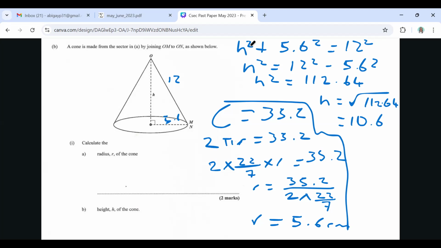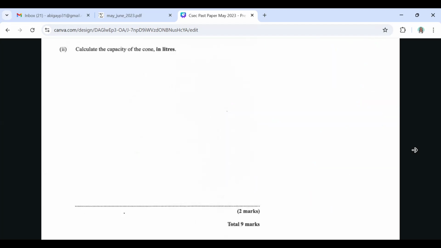Okay. Moving on to the next page. So that is the height. All right, so calculate the capacity of the cone in liters.